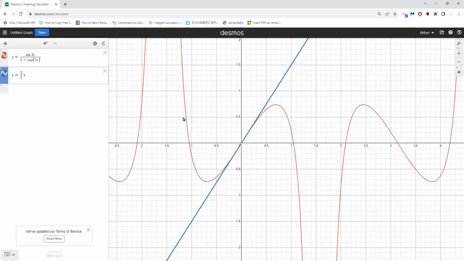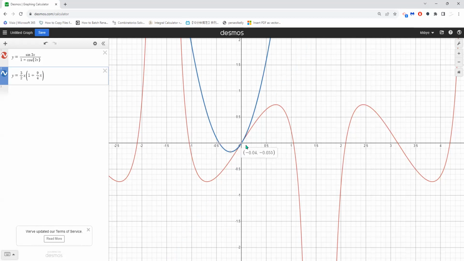Of course, you can be more accurate because what we actually found was 3 over 2 theta multiplied by, if you recall, 1 plus 9 over 4 times x. Then you realize that this is also a pretty good approximation over here. But actually at the boundary it is not as accurate.